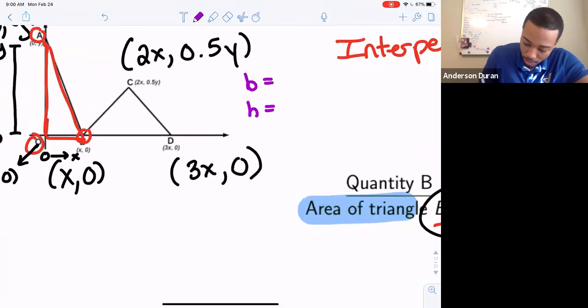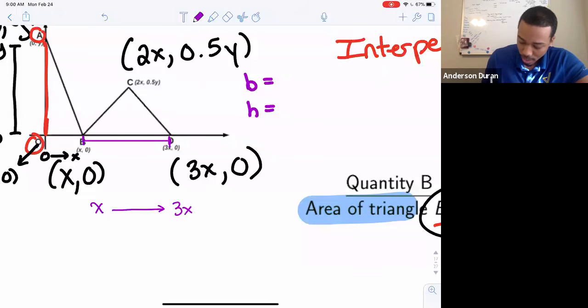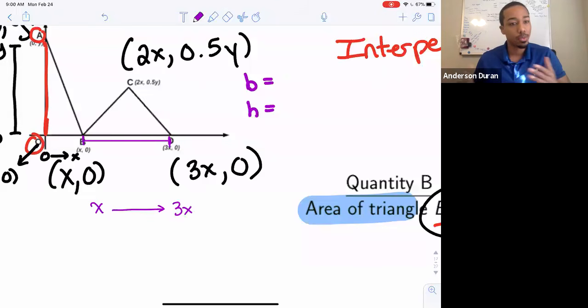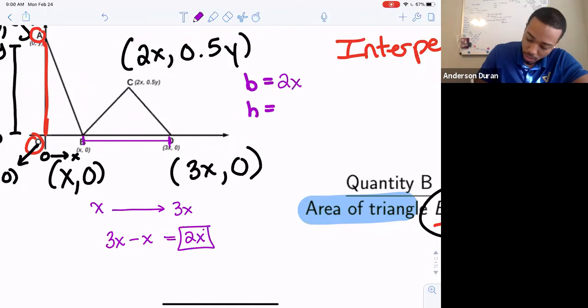I see that I'm going from here to here. So notice how we're going from X to 3X. To get that distance, we want to subtract. So this will provide us with 3X minus X equals 2X. That is my base, 2X.